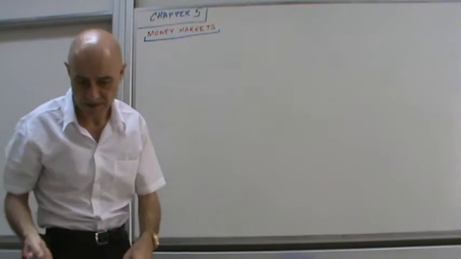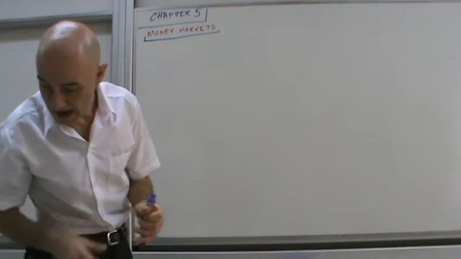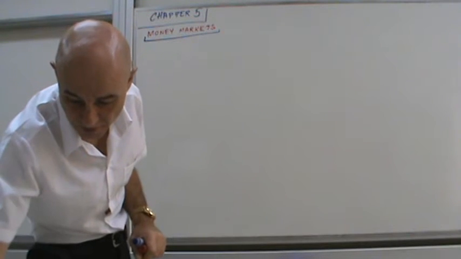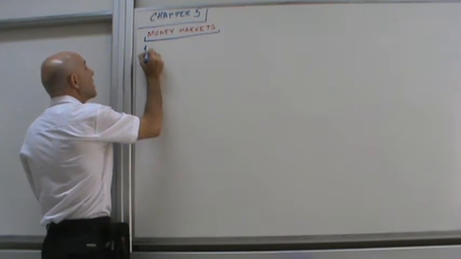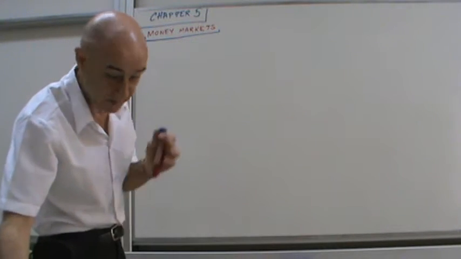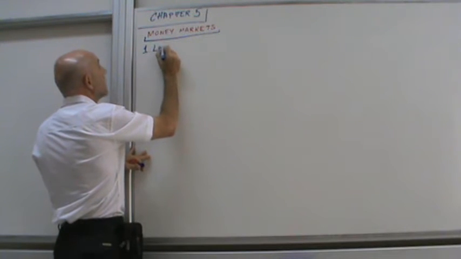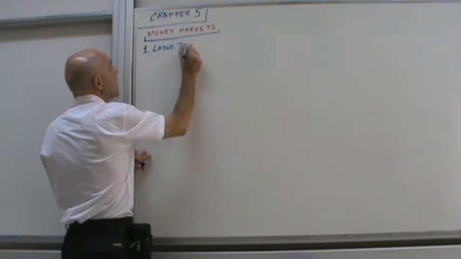Okay. They have 3 primary characteristics of money markets. Number 1 is large denominations.